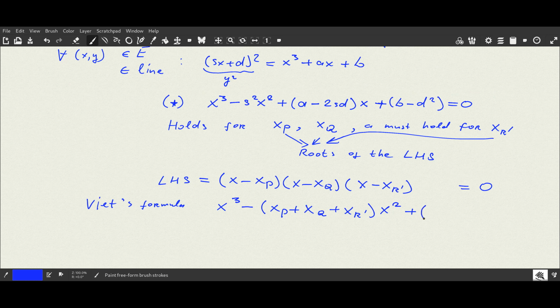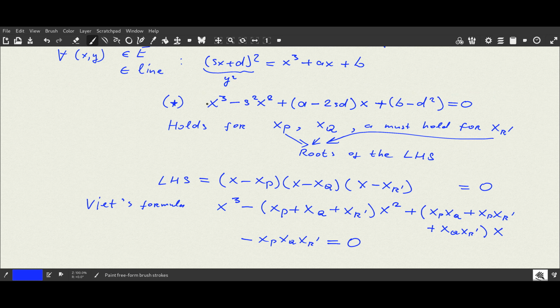Therefore, it will be xp xq plus xp xr prime plus xq xr prime times x, and minus the product of the roots, xp xq xr prime equals to 0.